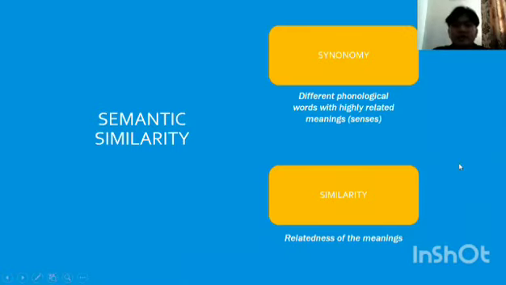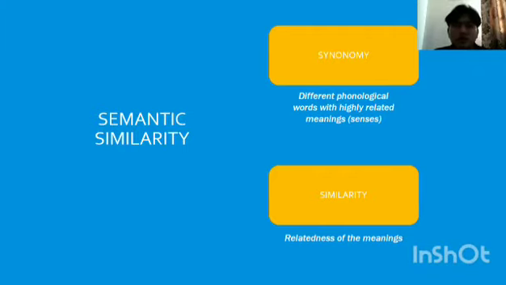Semantic similarity is divided into two types, two subcategories. The first one is synonymy and the second one is similarity. Synonymy is different phonological words with highly related meanings or senses.